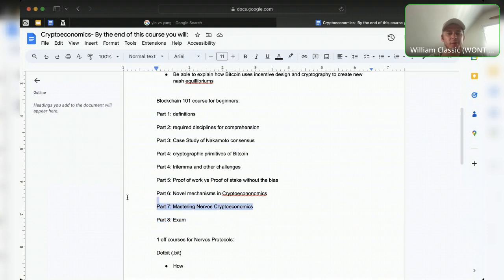And the reason that we have a specific section about a specific project or protocol is because this protocol is built off of the research of the first blockchain company in China, Cryptape.